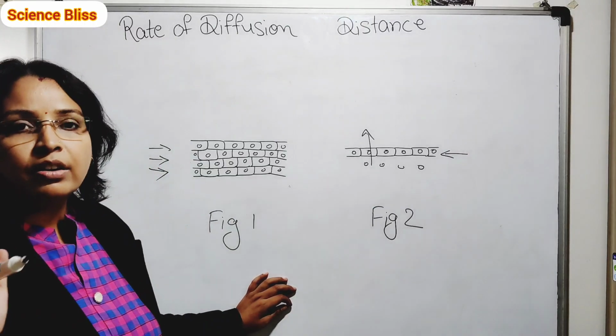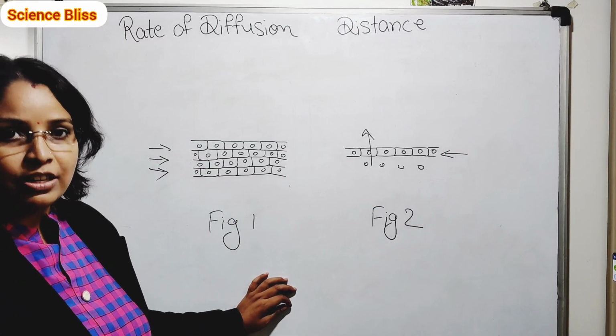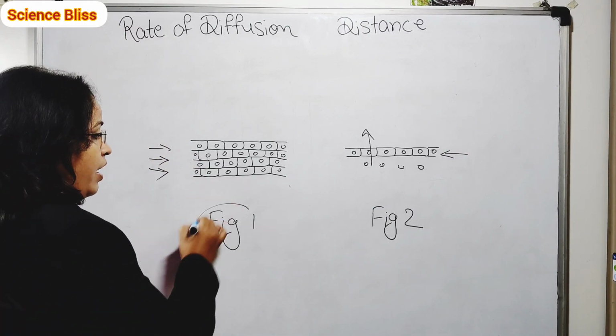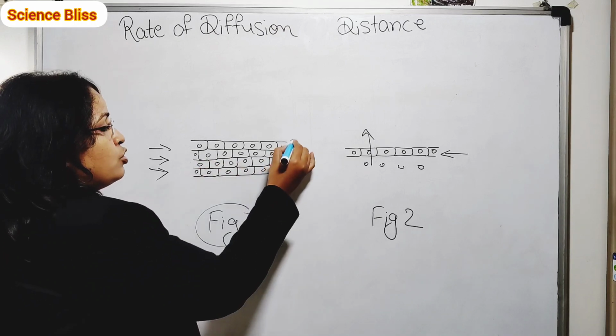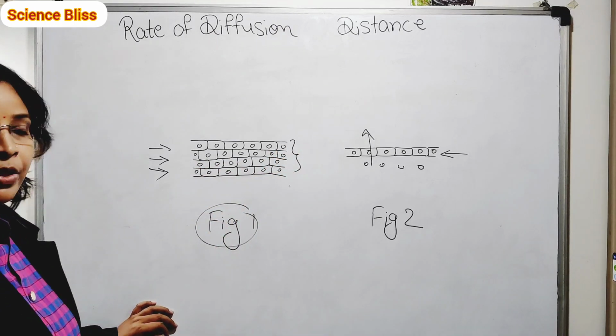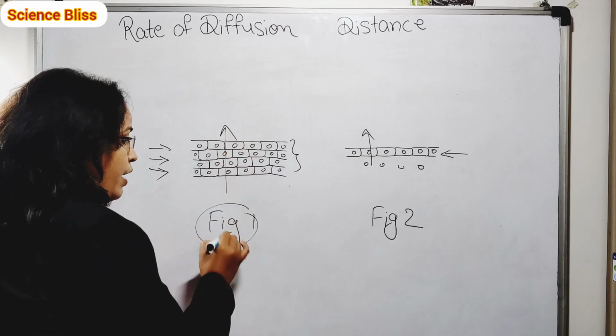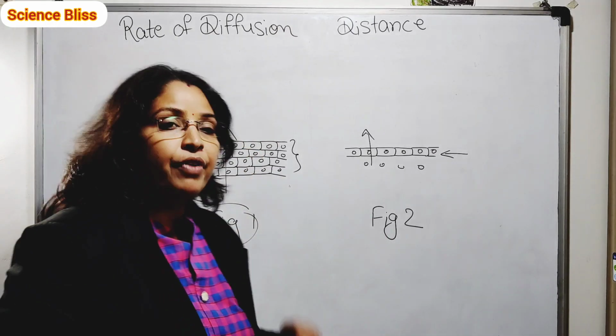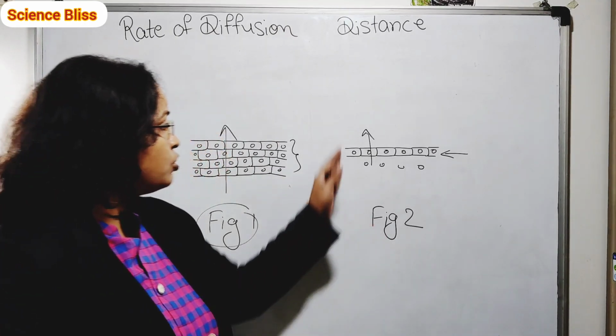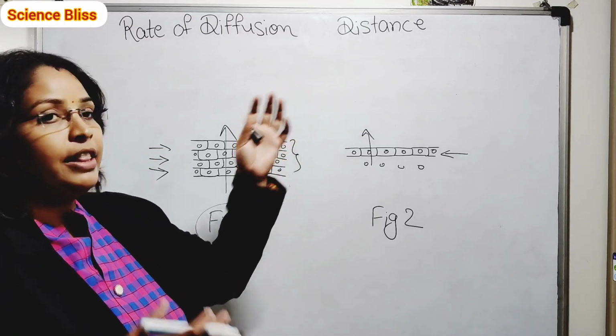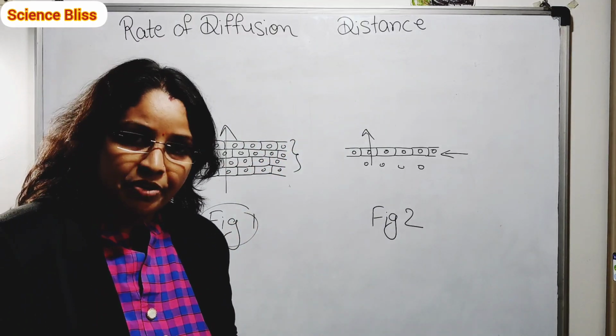Only a single layer that molecule has to cross. But whereas in figure 1, it has to cross so many layers of cells. So distance is more in figure 1 as compared to figure 2 for molecules to cross, so there will be a lesser rate of diffusion.